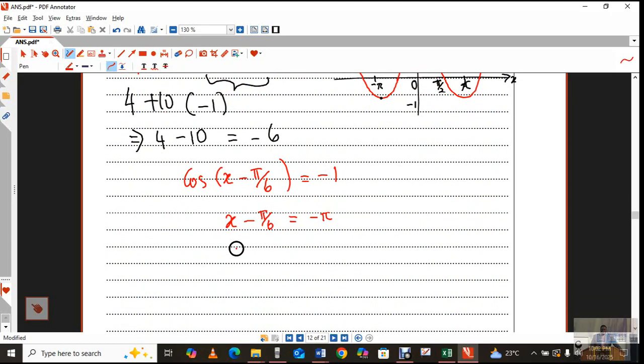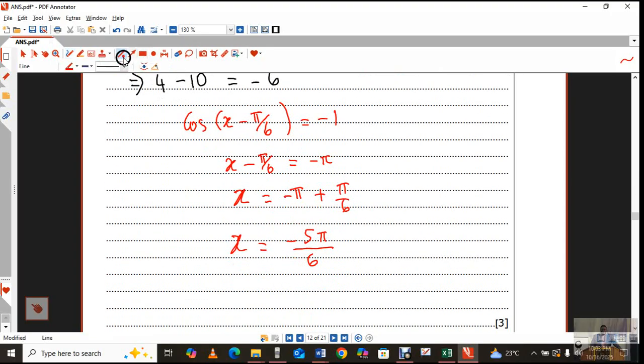Therefore x is equal to pi over 6 minus pi. That is, if you take that over there. Or I can write it on the other side like this. Still the same thing, this one remained minus pi. Whatever you do, you get that x is equal to negative 5 pi over 6. That's what you were supposed to do in that question.